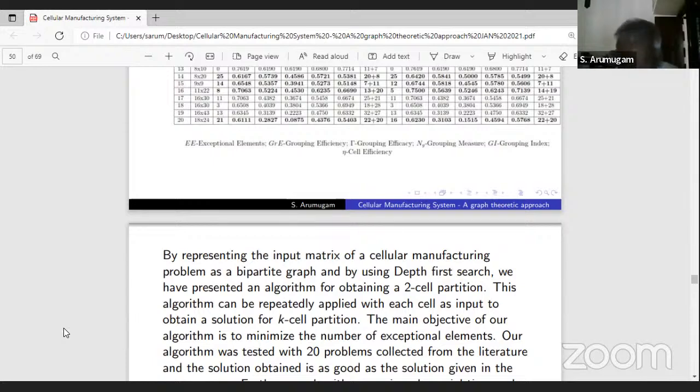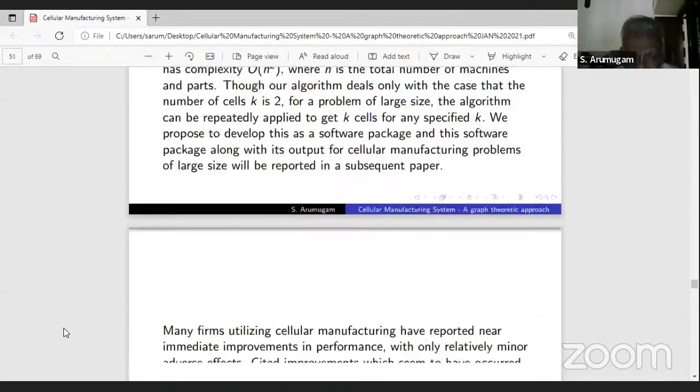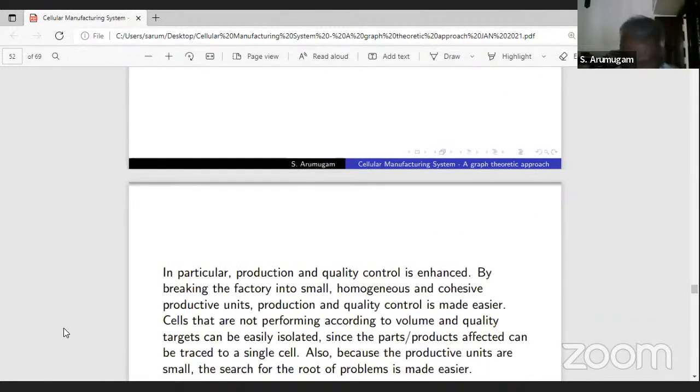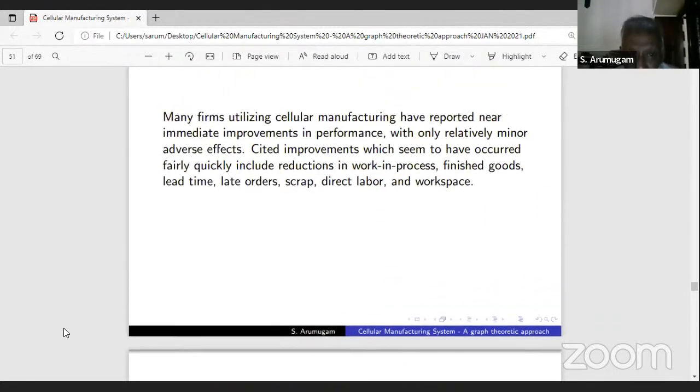I will tell you the major advantages. Many firms utilizing cellular manufacturing have reported an immediate improvement in performance and only relatively minor disadvantages.